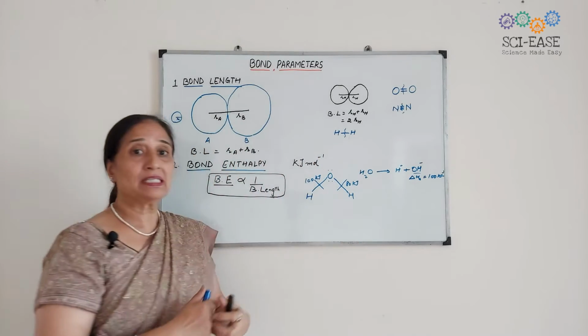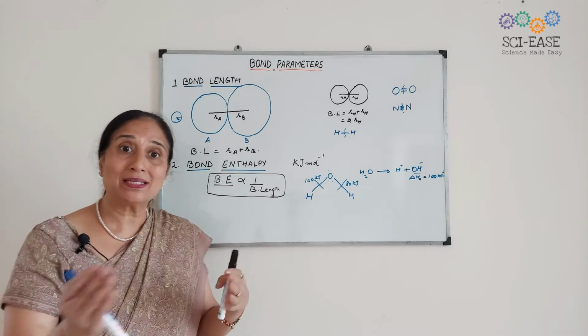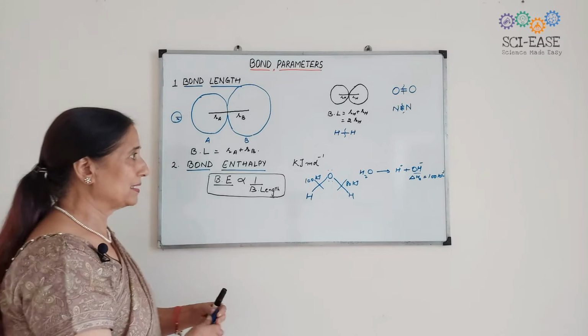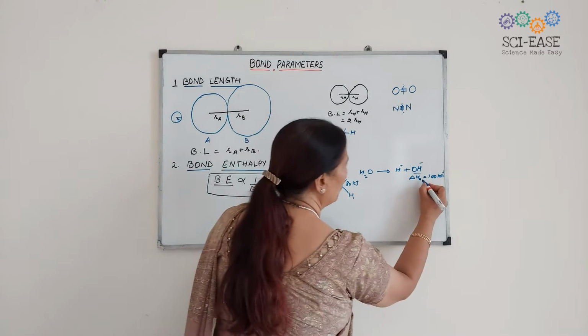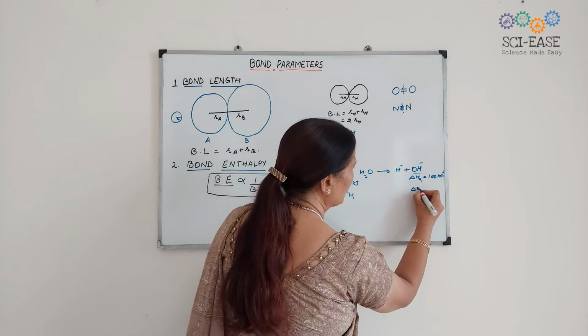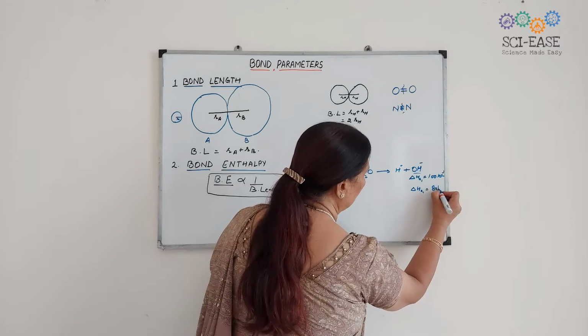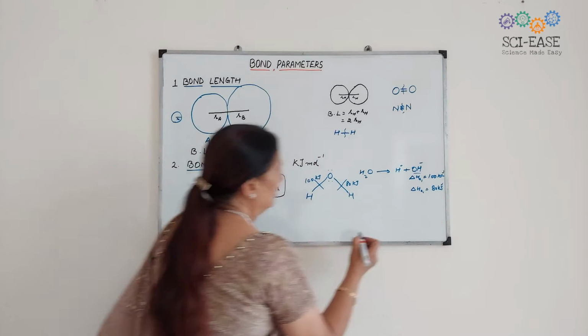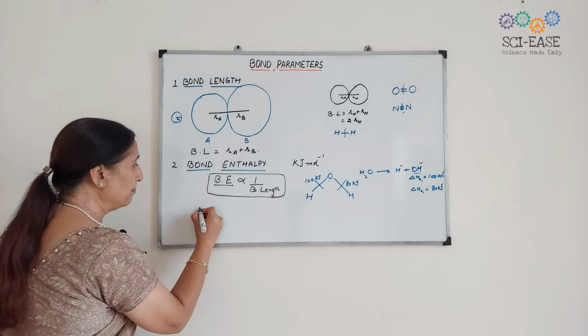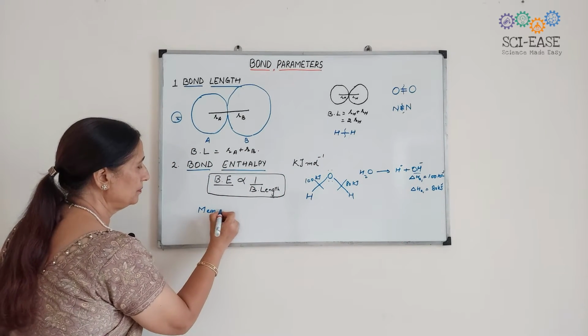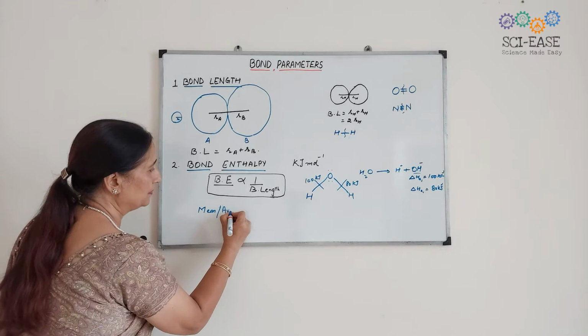So what will we say in that case, what is the bond enthalpy? In that case, this is suppose the first bond enthalpy, then the second bond enthalpy. So here we will take the mean of the two, or average.